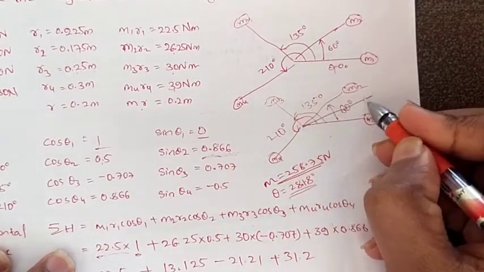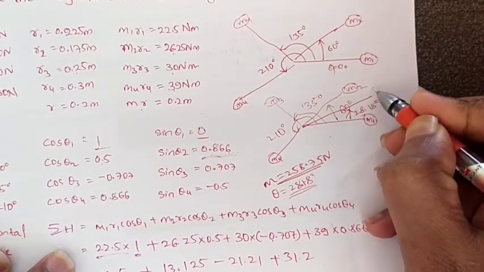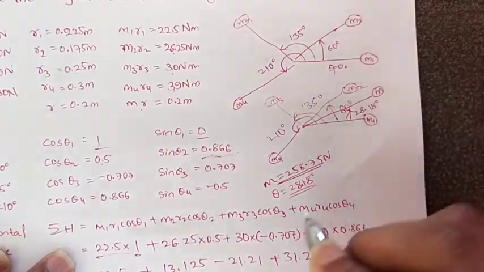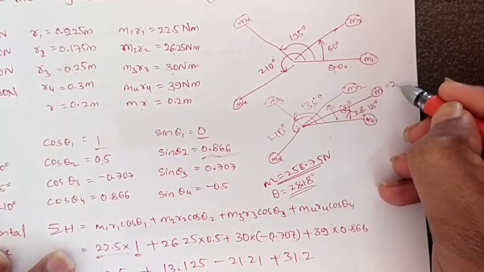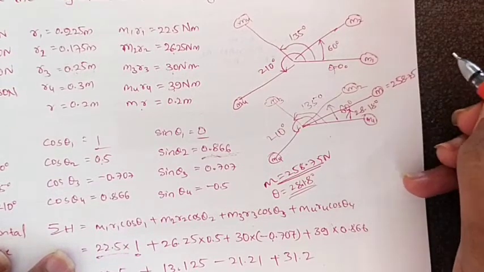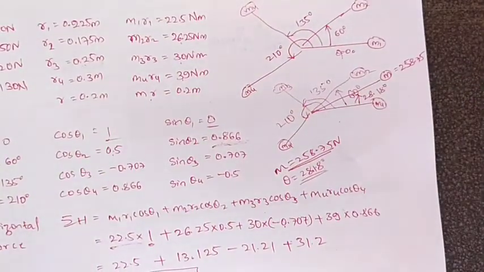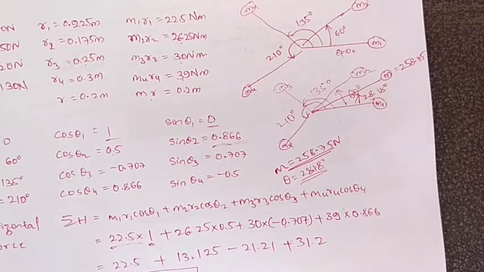So you can take here 28.18 degree with a mass M, which is equal to 258.75 Newton. So you can easily balance these four masses which are revolving in the same plane by a balanced mass M equal to 258.75 at an angle of 28.18 degree.